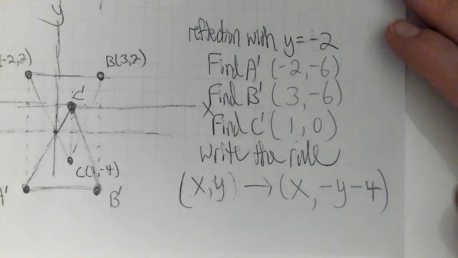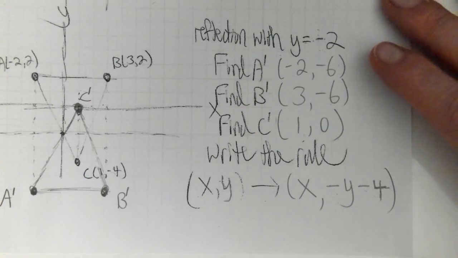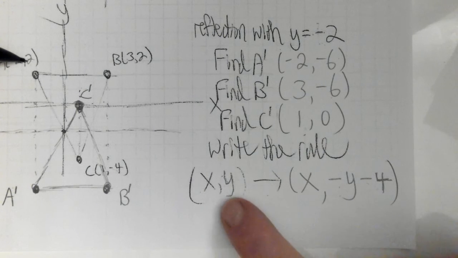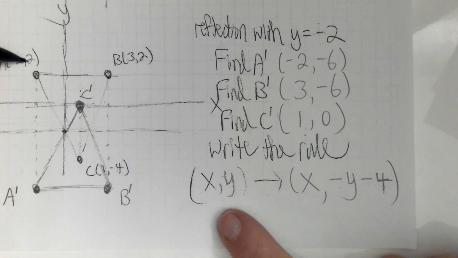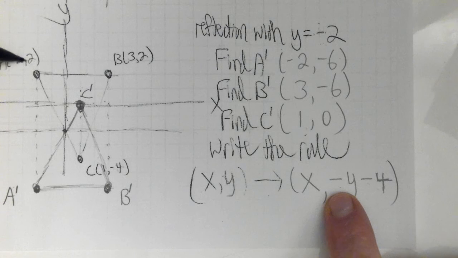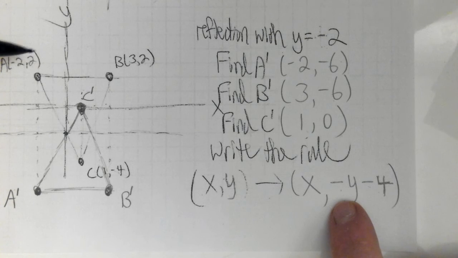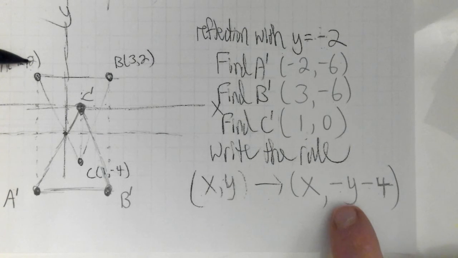So now that we have used our rule for writing the rule, let's double check and make sure that it works. What if I plug in a -2? What if -2 is my y coordinate? -2 would change to +2 with that negative, and +2 minus 4 is going to be, let's see. So when I put that in there for the A, and then using that coordinate, then I plug that back in.